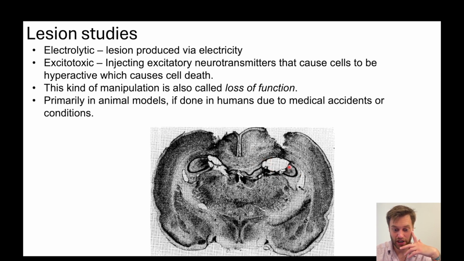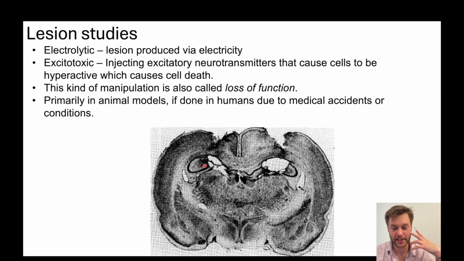I don't know what kind of microscopy this is, but it's definitely either a rat or a mouse. And essentially here, what I'm highlighting, you can see that there's just a giant hole where the majority of what's called the dorsal hippocampus should be.